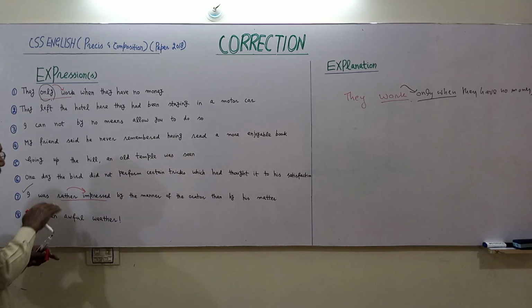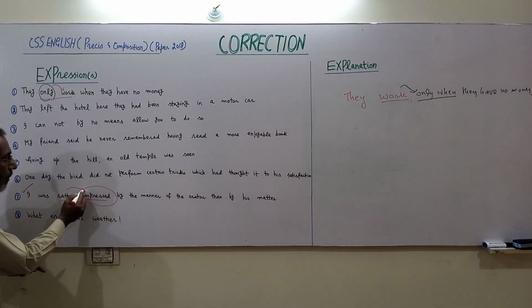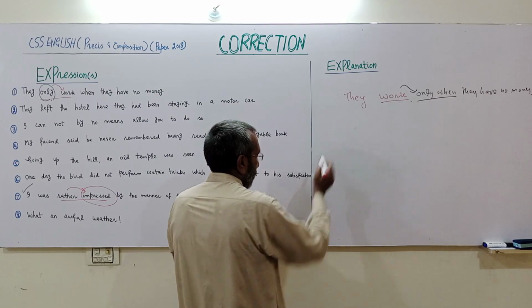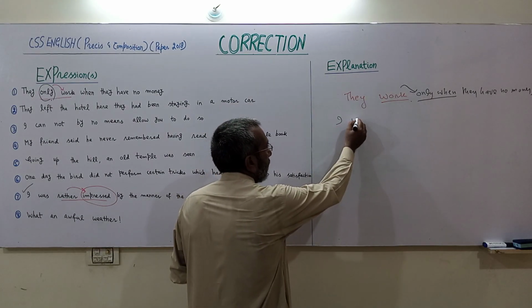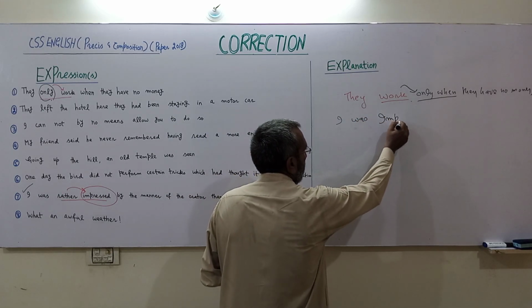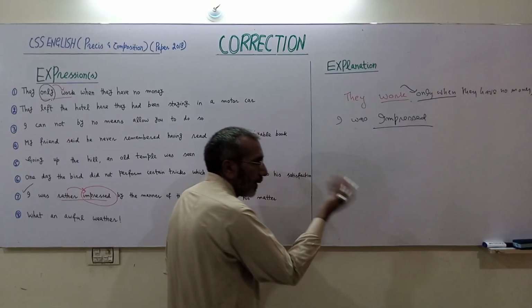And that is, go for the keyword. The main word over here is this. First, take this thing. The expression would be what? I was, yes, the keyword is "impressed". Okay? I was impressed. This is your keyword, and then change this word.